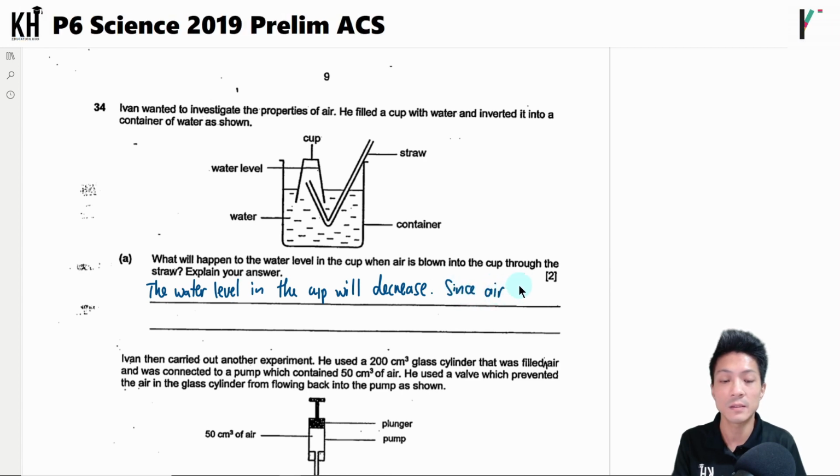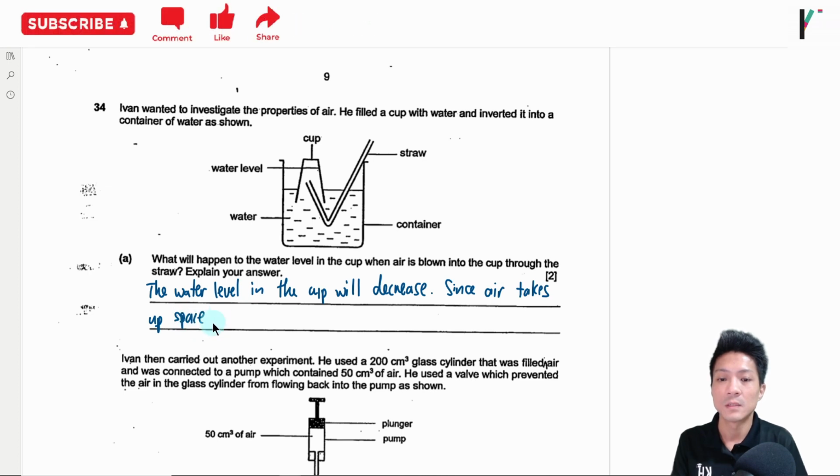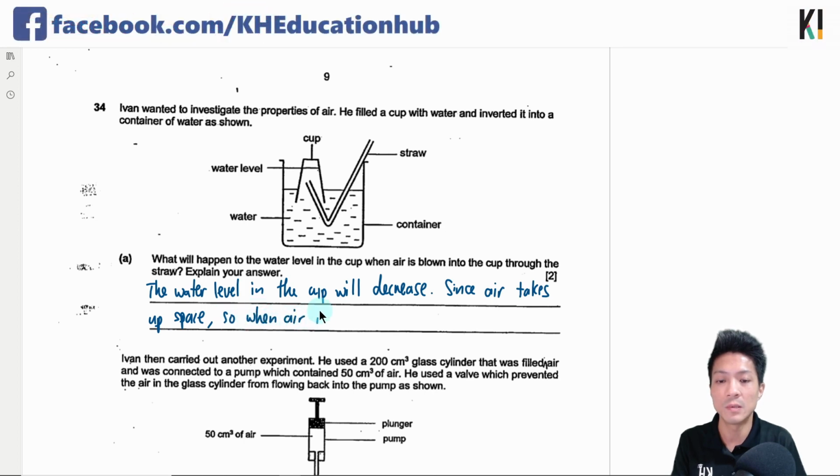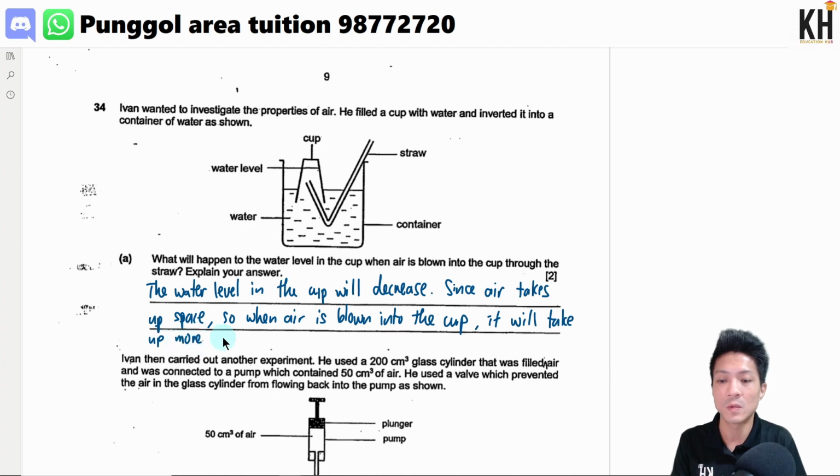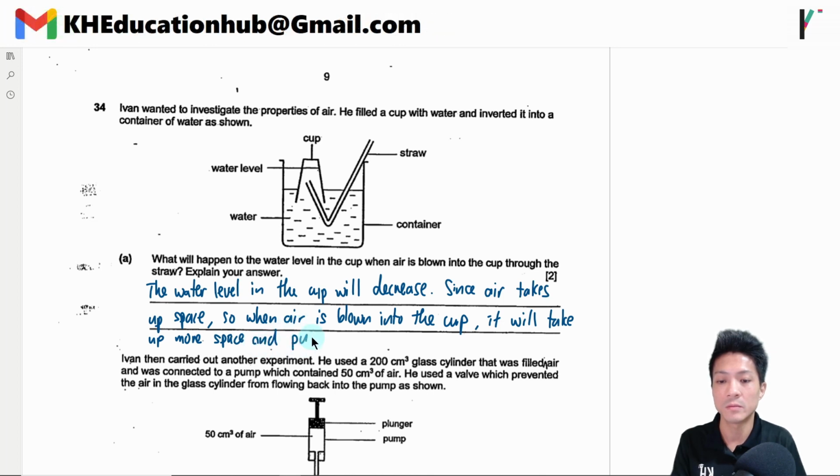Since air takes up space, when air is blown into the cup, it will take up more space and push the water level down.